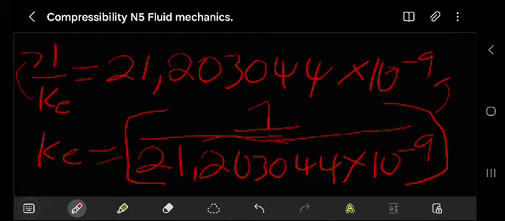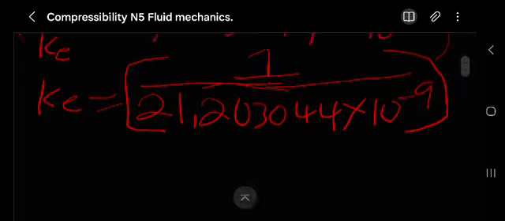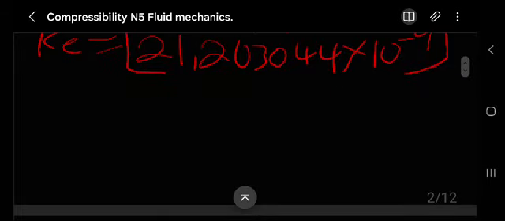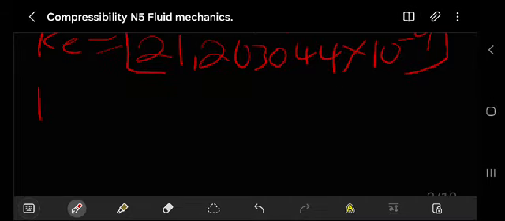What is wrong with me? I feel like I'm tired. Our KE will be equal to, I can see I'm tired.